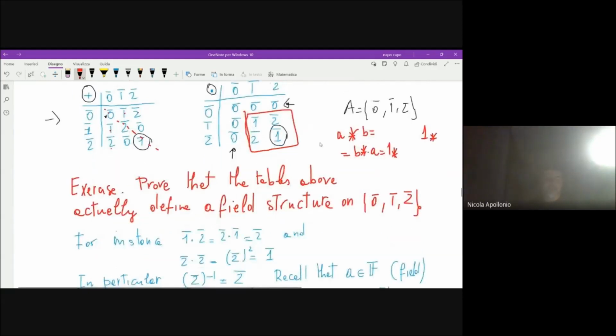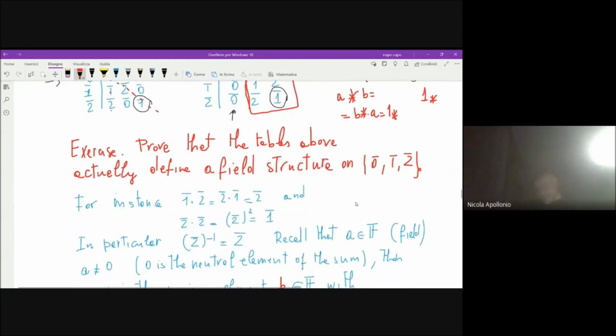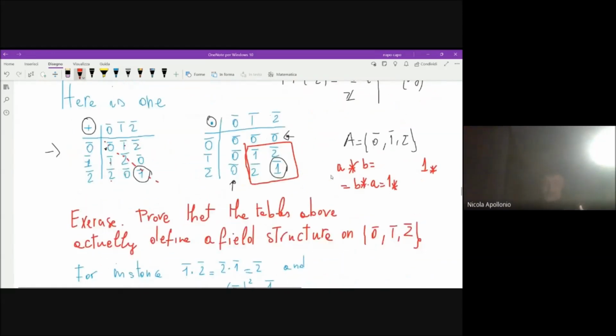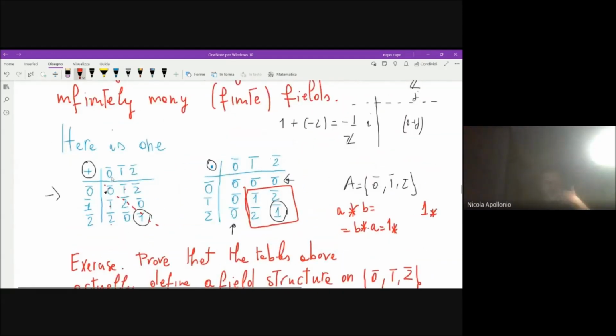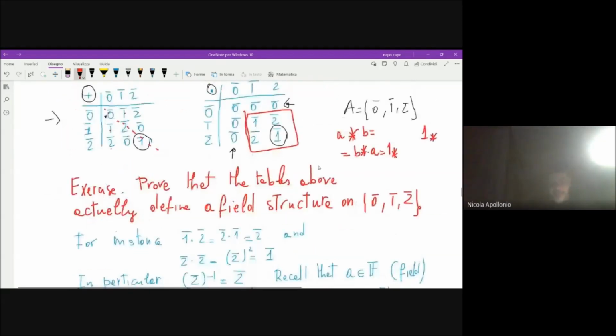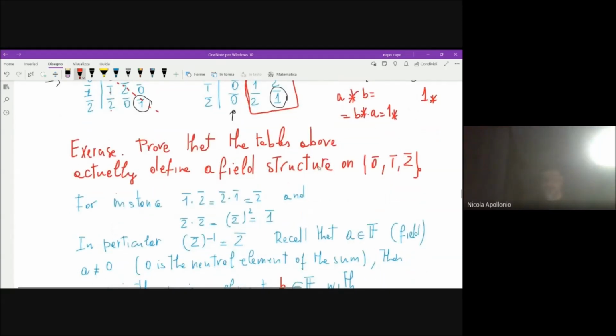So this is actually a field. We didn't say much about why these two tables define an arithmetic, but this is what you are going to do now.